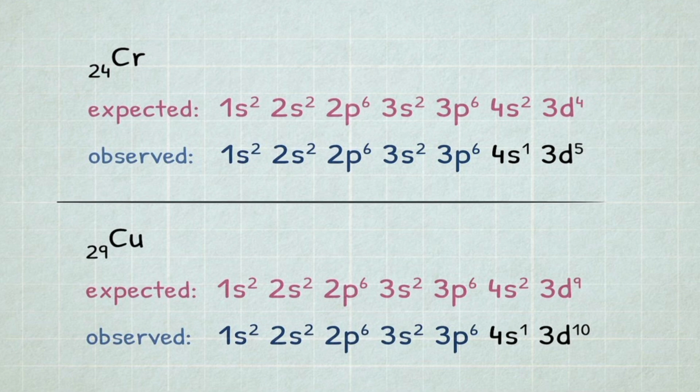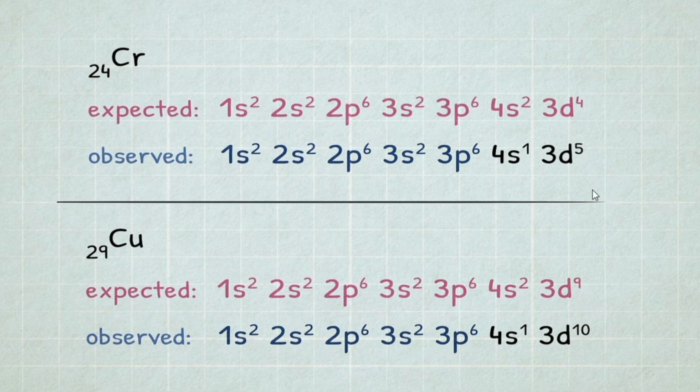So chromium exhibits extra stability associated with a half-filled d orbital. In other words, by the time the electrons reach the 4s and the 3d orbitals respectively, it is left with only 6 electrons for the chromium atom. What happens is that because chromium exhibits extra stability associated with a half-filled d orbital, and the d orbital can take a maximum of 10, half will be 5.